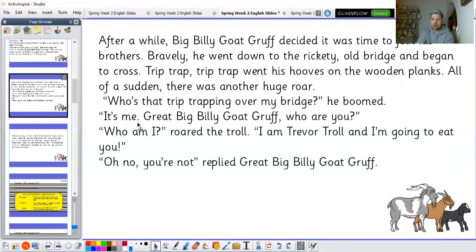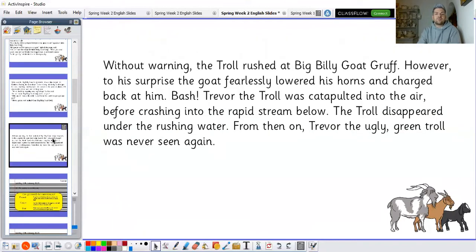"Who's that trip-trapping over my bridge?" he boomed. "It's me, Great Big Billy Goat Gruff. Who are you?" "Who am I?" roared the Troll. "I am Trevor Troll, and I'm going to eat you." "Oh no, you're not," replied Great Big Billy Goat Gruff.